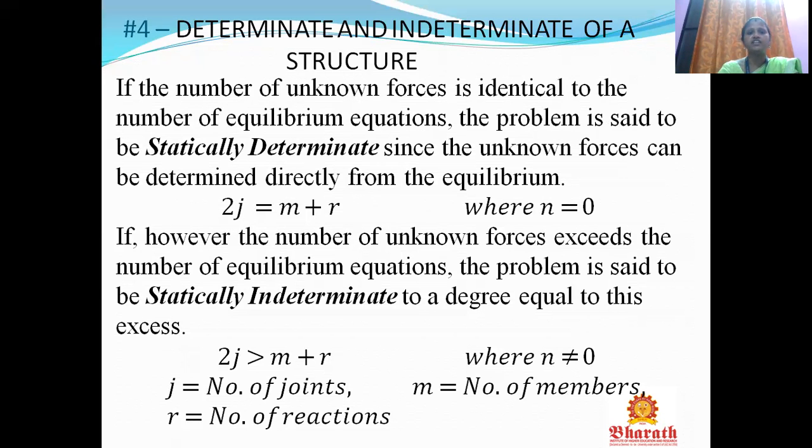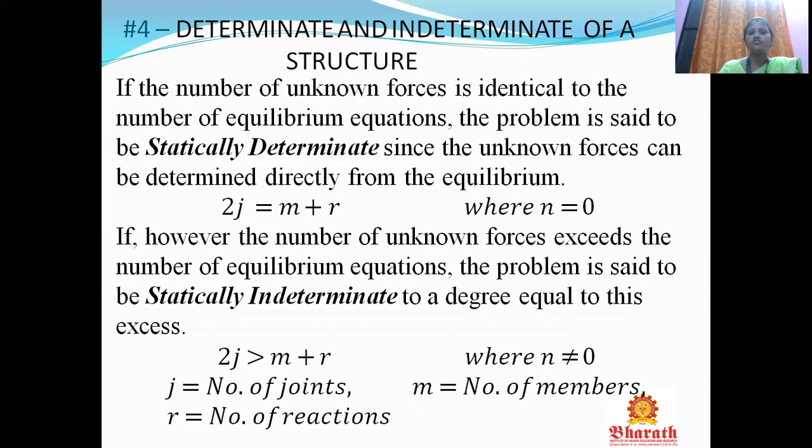Next, we are going to see what determinate and indeterminate structures are. If the number of unknowns, the forces we are going to find, equals the number of equilibrium equations, that type of problem we call statically determinate, since unknown forces can be determined using the equilibrium equations.